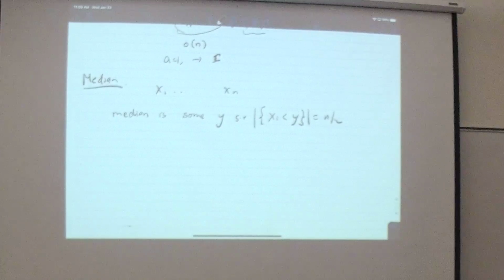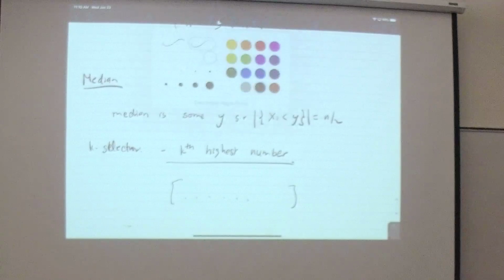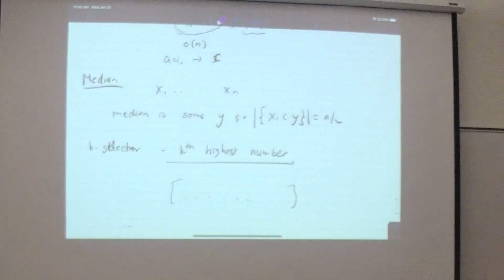So what I want to do is solve the k selection problem of finding the kth highest number. And the idea I want to exploit is this: if you think of my list, I have my numbers in the list, and the thing I'm looking for, that will give me the answer, is somewhere hidden inside.